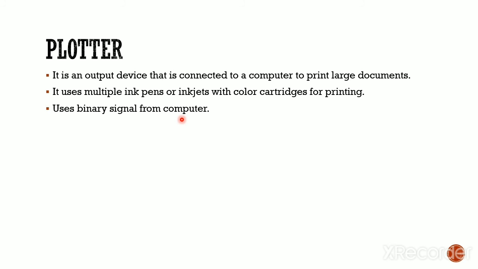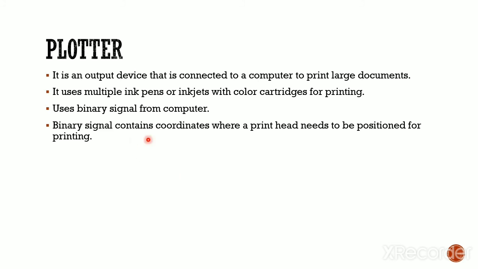Then it uses binary signals from the computer. Your computer understands only binary inputs, right? So this plotter also uses binary signals from the computer, zeros and ones. This plotter understands the computer language. Binary signals contain coordinates where the printer head needs to be positioned for printing.